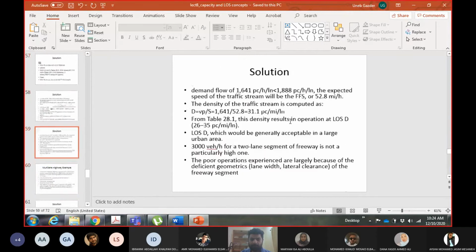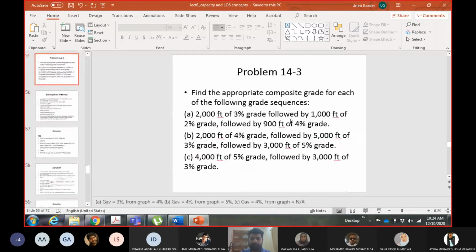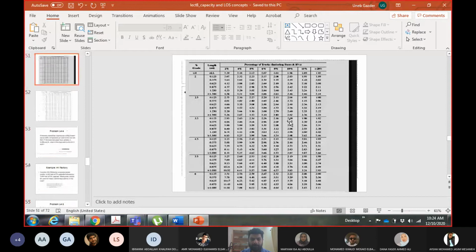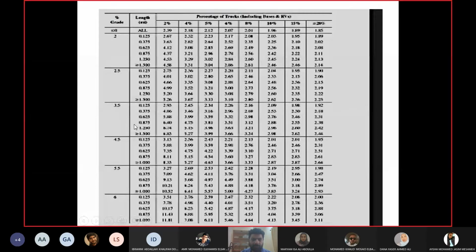The gradient is 3.5, yes. 3.5 gradient is here. The length is 1.25. So 1.25 is here. Let me make it bigger. So 3.5, 1.25 length. If you come here, it is 2.96 for 10% trucks.